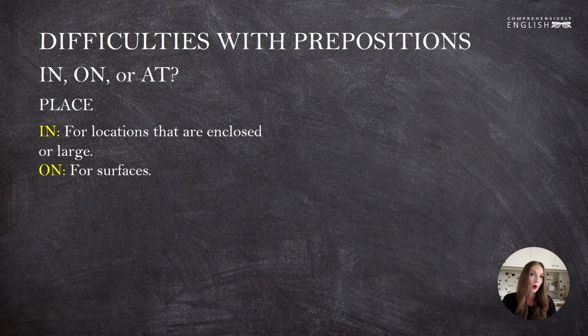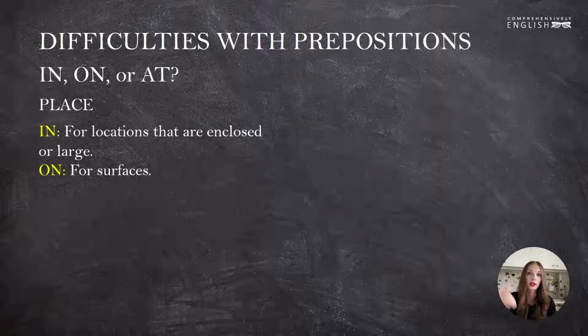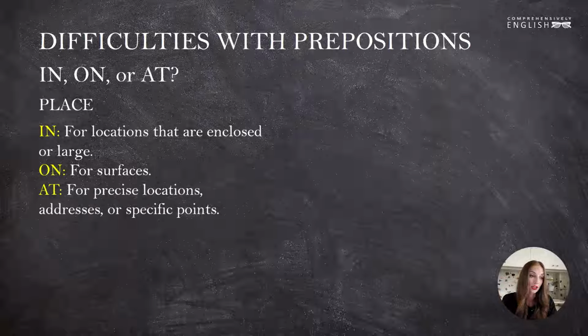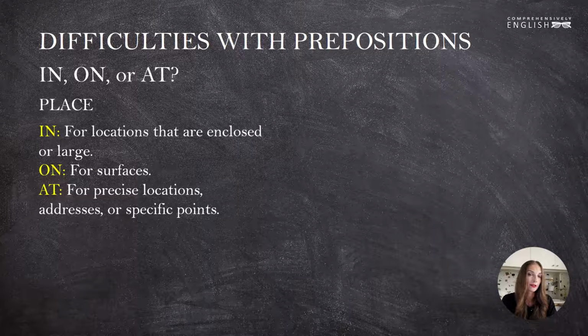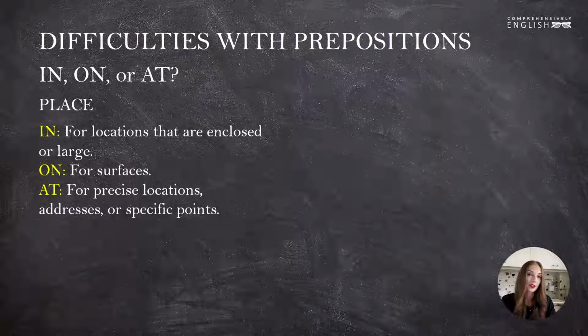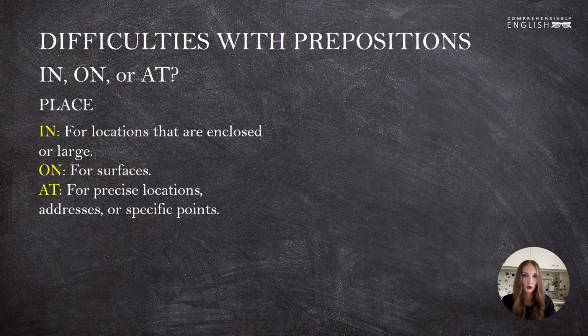We've already spoken about on the table, on the wall, but we can also say on the street or on an island, on a mountain, as we are basically speaking about surface that we are standing or lying or sitting on. At is used with precise locations, with some specific places, like at the cinema, at the prison, at the hospital, at the school, and so on.